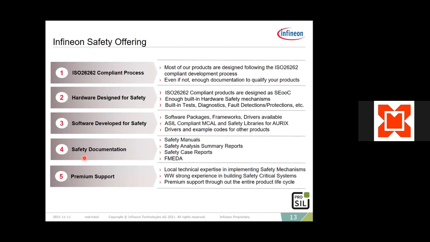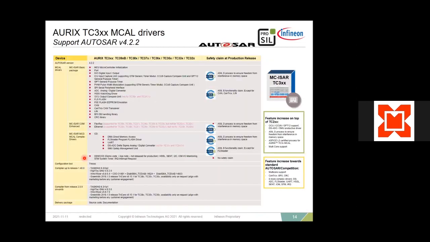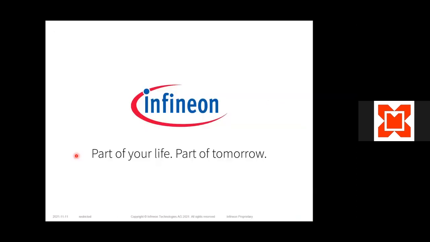We also provide premium support to help customers implement the safety application using Aurix. And the MCAL software offers drivers with ASIL B and ASIL D level safety compliance. That's all from my side, Dipanshu.